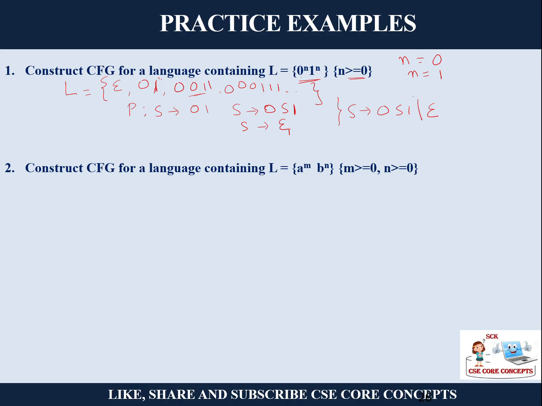Next, construct a context-free grammar for the language L, a raised to the power m, b raised to the power n, where m is greater than or equal to 0 and n is also greater than or equal to 0. Now see here, if m is equal to 0 and n is equal to 0, you can have the case where it is epsilon.